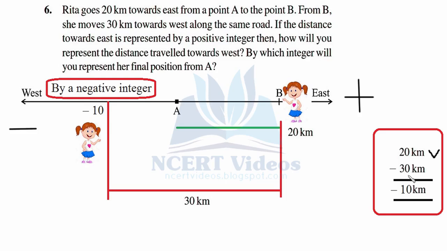The sign will be negative, and we have to subtract. Therefore, minus 10 kilometers. The answer is minus 10 kilometers. We have to represent it by a negative integer. You can also see in the graph, she moves from A to B 20 and then she moves back, but she moves an extra 10, therefore 10 in negative sign.